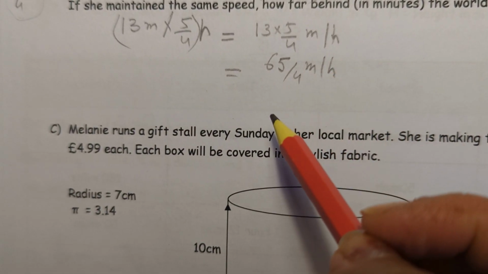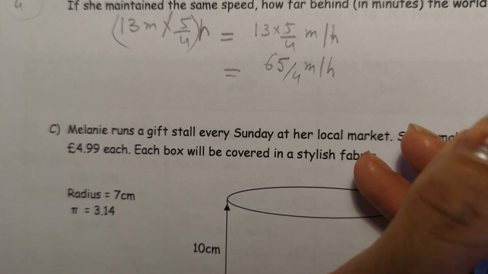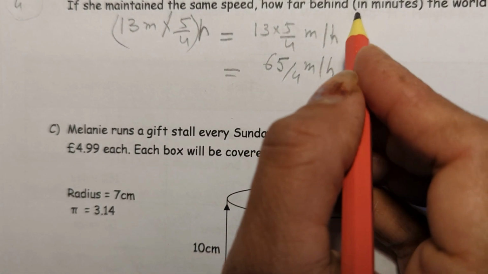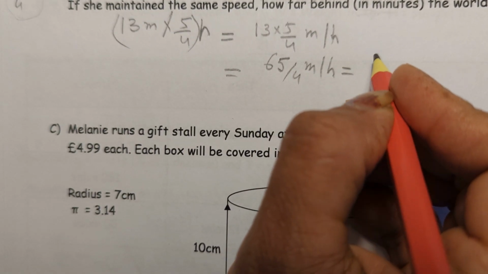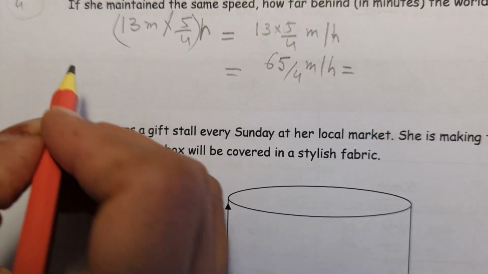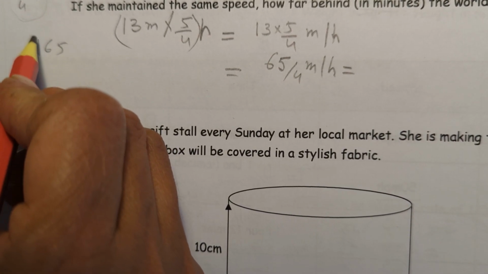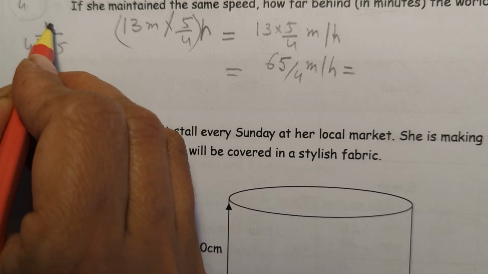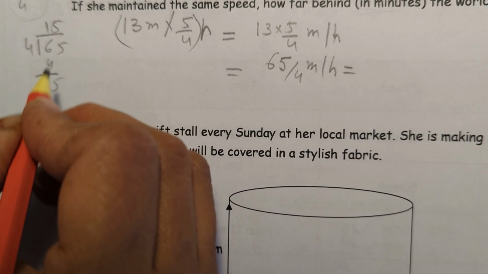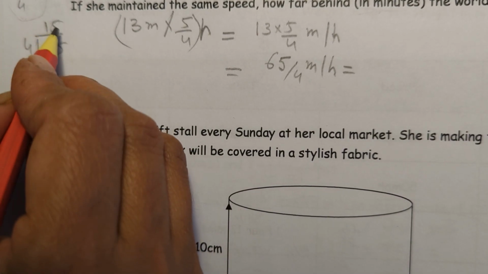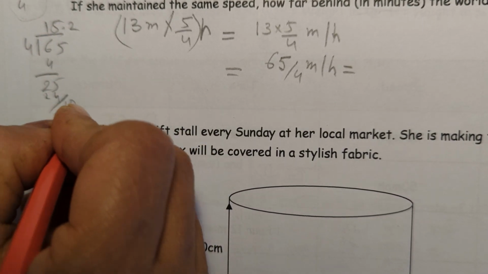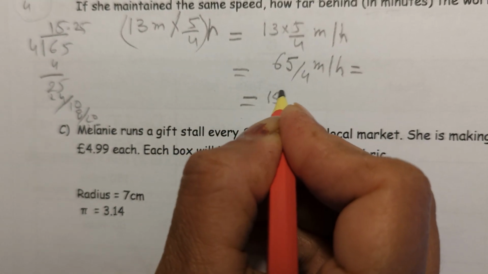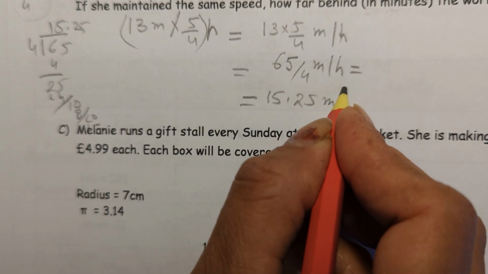And how far behind in minutes is she from the world record? They are asking that your answer should be in minutes behind. If we simplify this, we get 10.4 miles per hour.